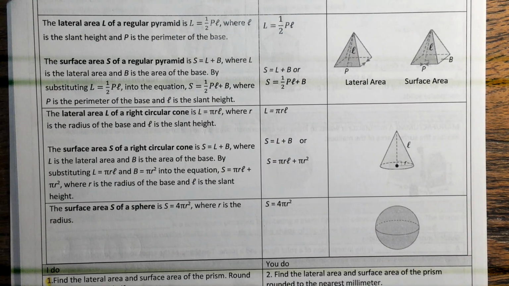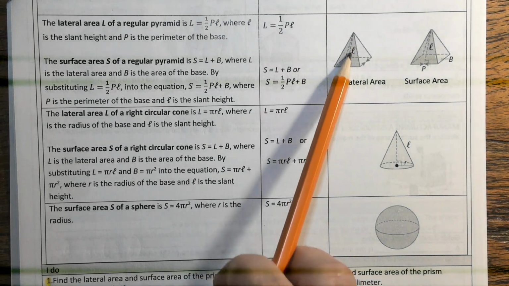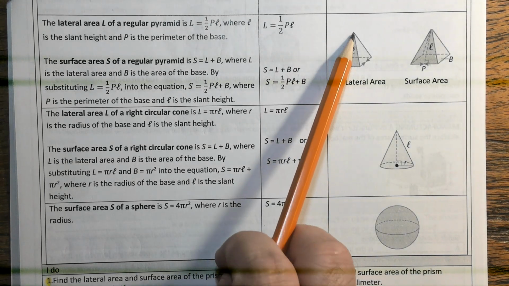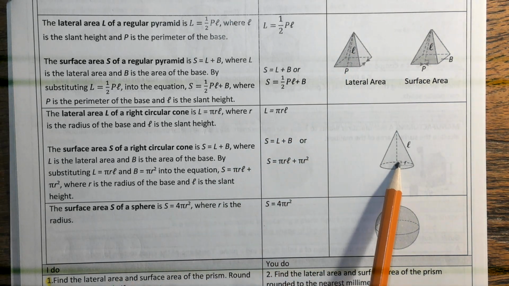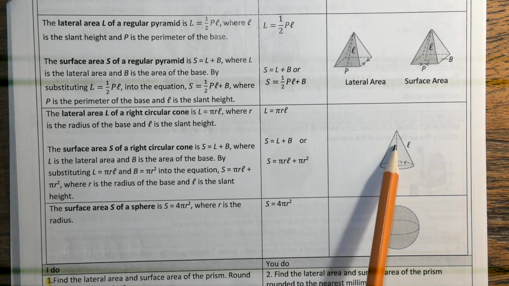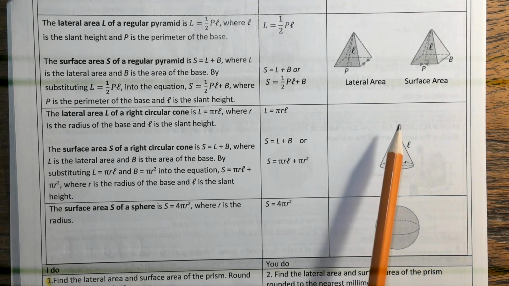Lateral area L of a regular pyramid is L equals 1/2 of the perimeter times the slant height. Slant height is the dotted line, and this indicates it goes up the side of that pyramid, whereas the altitude, if this was sitting on the ground, would be its true height.